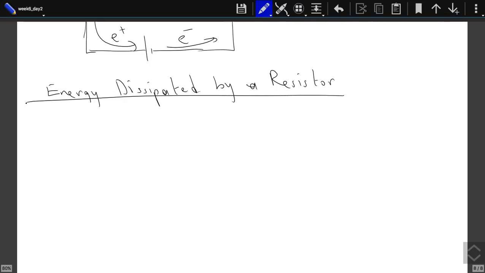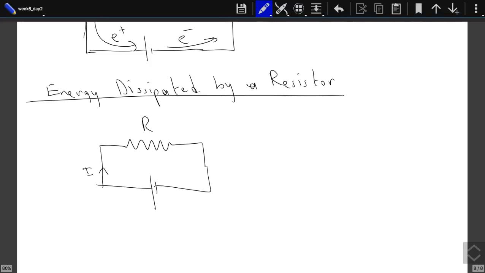So let's just imagine we have this resistor. We have seen that there is an electric field that builds up in this resistor. Well, this electric field is constantly pushing the electrons. But we also said that the electrons are on average moving with the same speed.